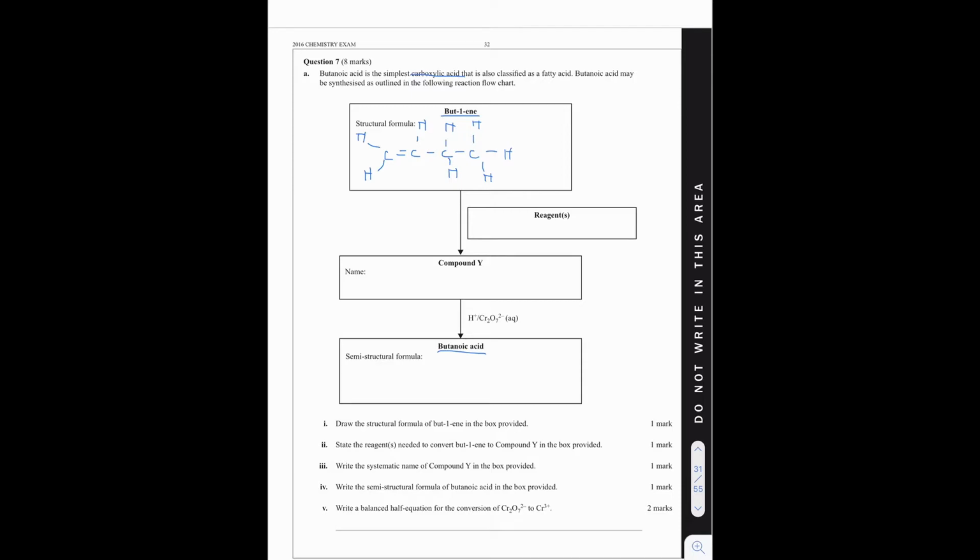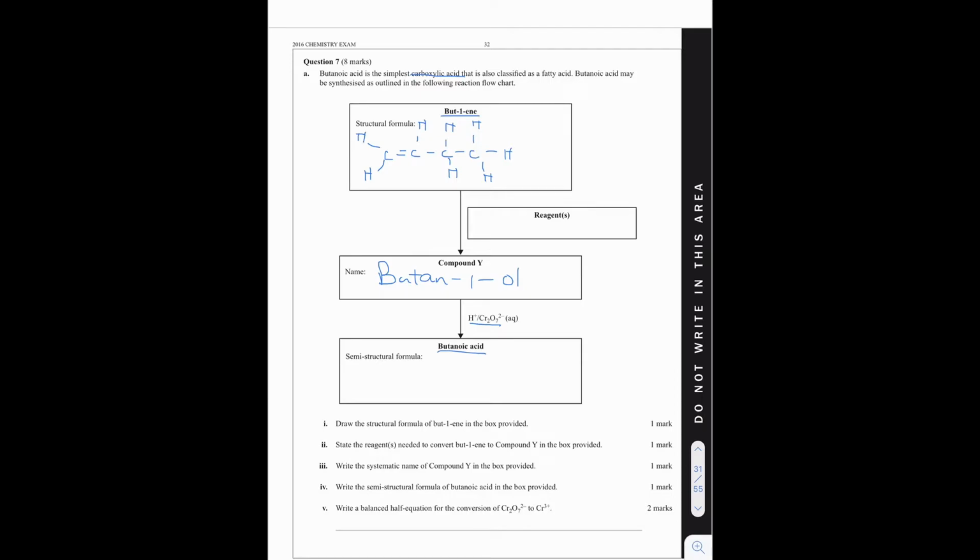So personally, I would go straight to identifying compound Y first and writing in that compound Y is going to be butan-1-ol, because that is a primary alcohol, and when I oxidize it using acidified dichromate solution, I'm going to end up getting butanoic acid.